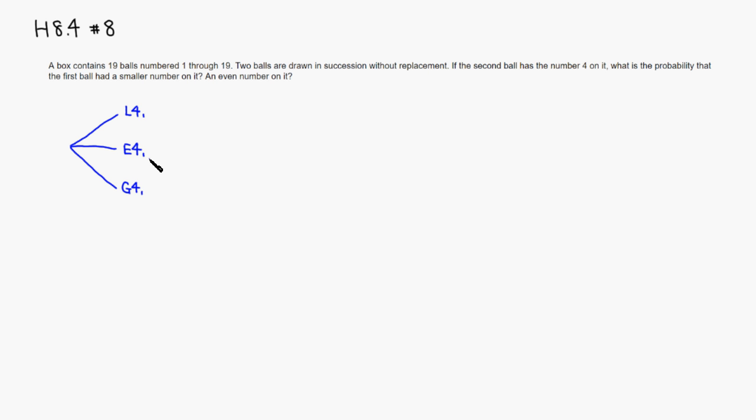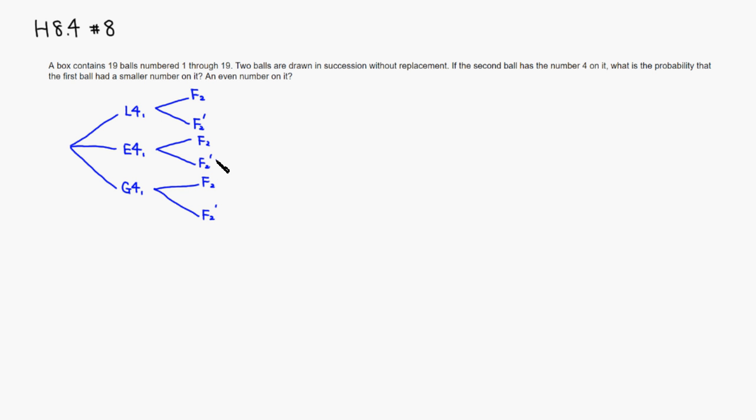For the second draw, we have the possibility of getting a 4, which I'll call F2, and F2 complement, for each branch.